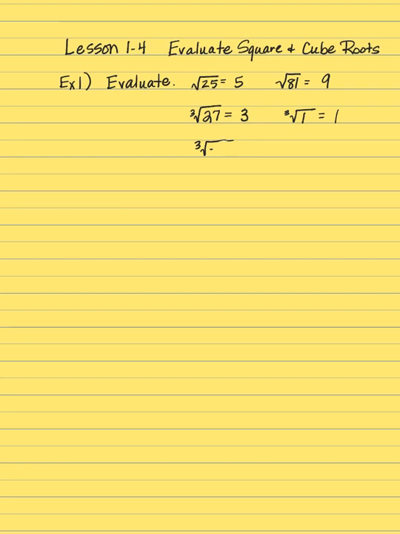The cube root of negative 8. What I want to know is what number multiplied by itself 3 times is negative 8. And that answer is negative 2. Because negative 2 times negative 2 times negative 2 does equal negative 8.